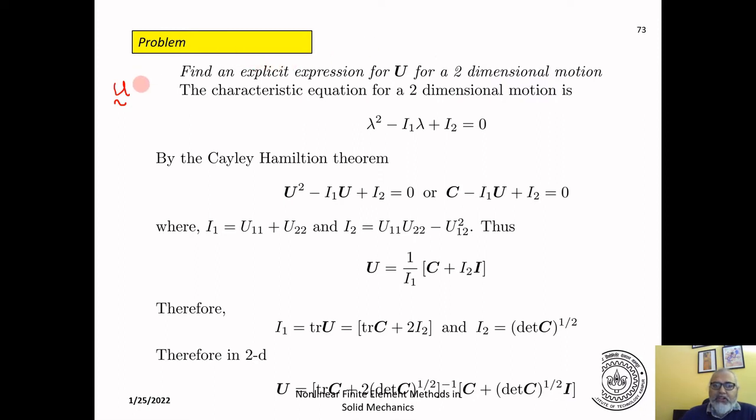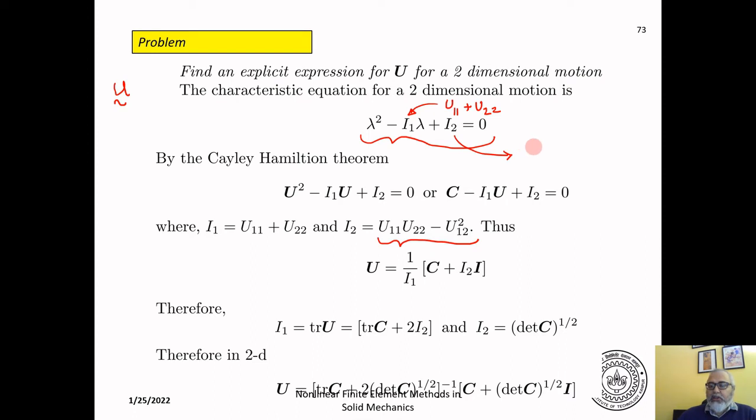So in a two-dimensional motion, U is a second order tensor which has 4 components, and its characteristic equation is as usual given by this. So it has only 2 invariants, I1, which is the trace, simply u11 plus u22, and I2 which comes out to be this for the two-dimensional case.